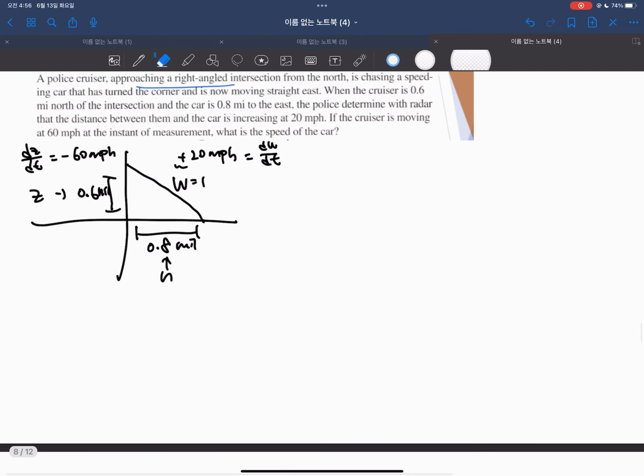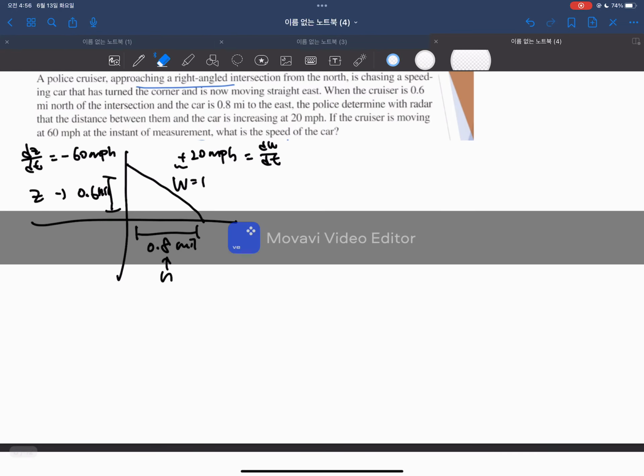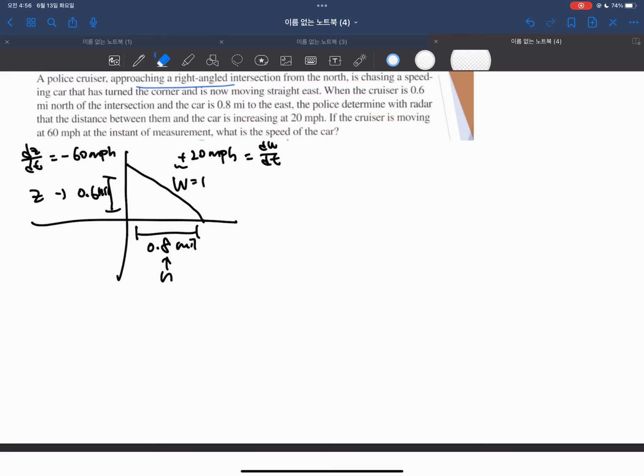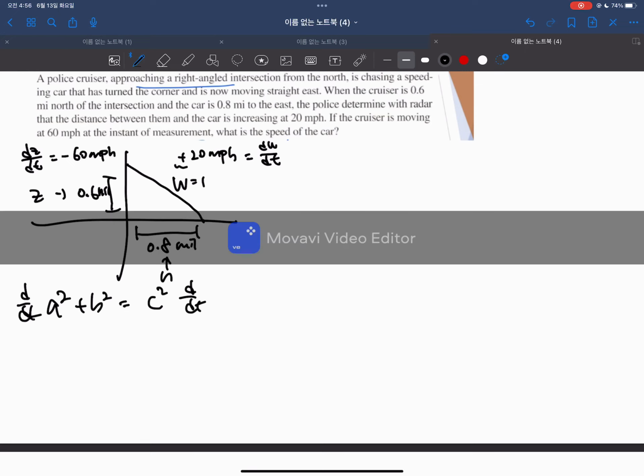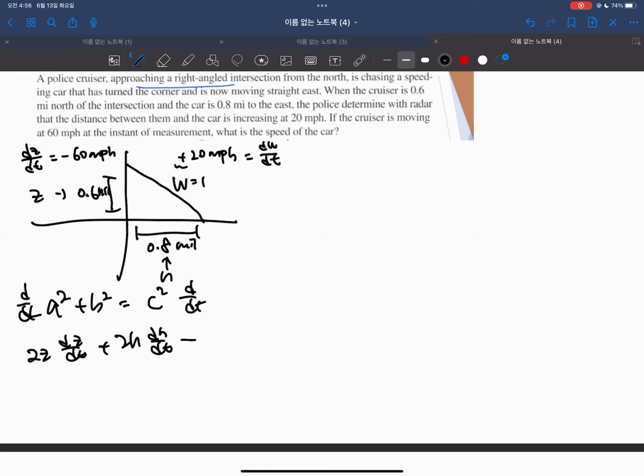To solve this problem, we need to use the Pythagorean theorem, a squared plus b squared is c squared, and then we differentiate with respect to t on both sides and plug in the numbers. We get 2z dz over dt plus 2h dh over dt is equal to 2w dw over dt.